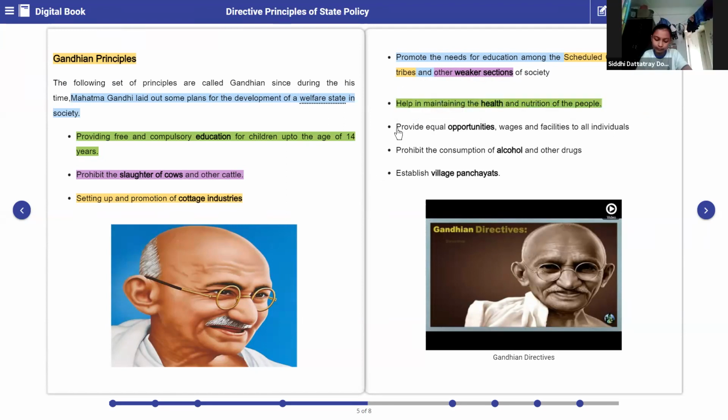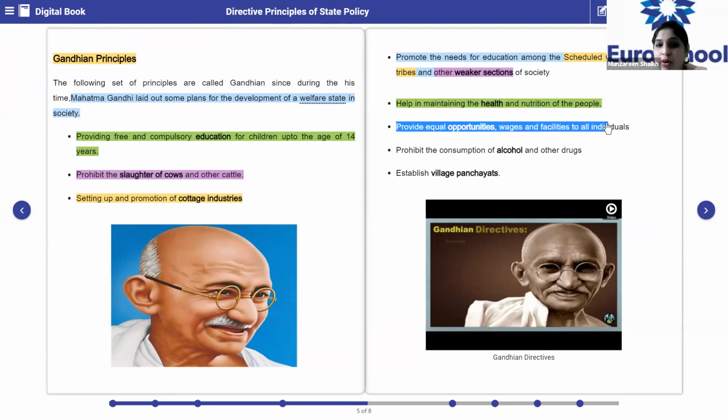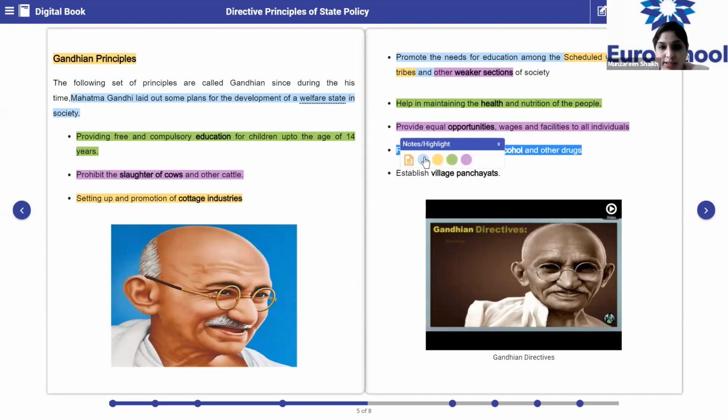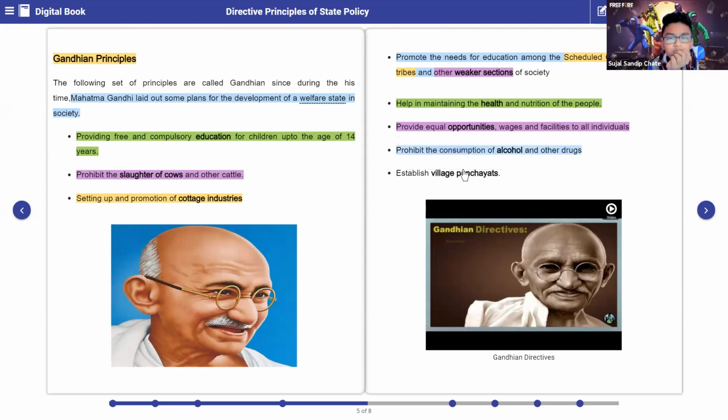Next, provide equal opportunity of wages and facilities to all individuals, irrespective of caste, creed, gender, religion. Prohibit the consumption of alcohol and other drugs. Establish village panchayats.